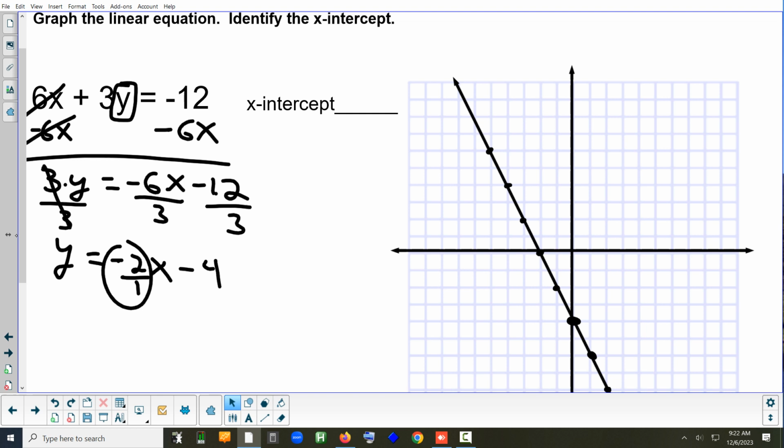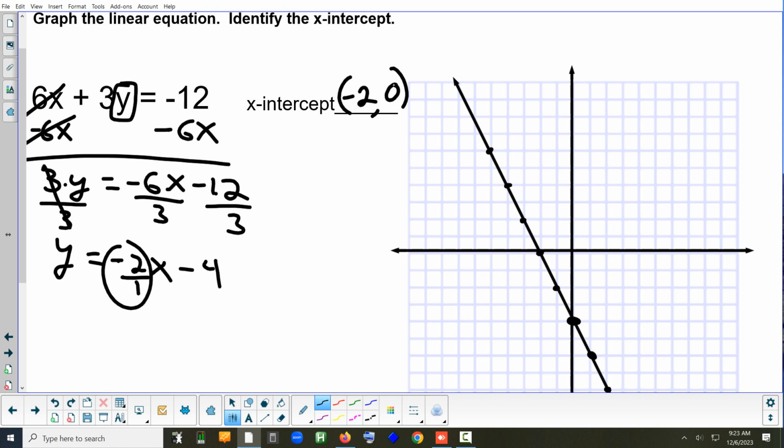What does it look like the x-intercept is, without doing any math, just looking at the picture? -2. Yep. And if we write it as a coordinate, how would you do it? (-2, 0). Yep. So the x-intercept is right there.